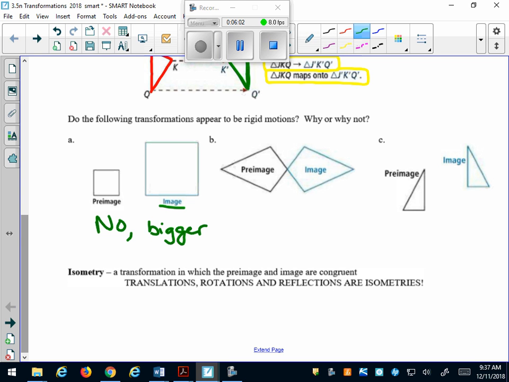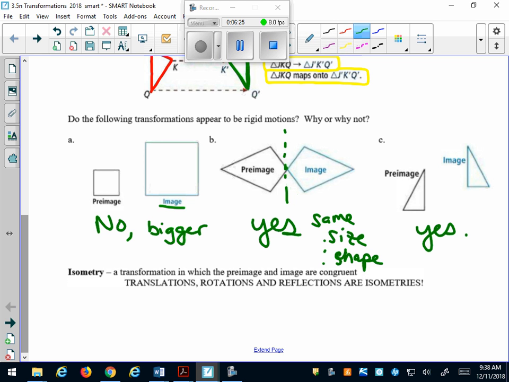Yes, it's rigid. Say if we folded this over right along this line, they would match up with each other perfectly, so they're the same size and shape. All right, what about C? Yes. Same reason. Okay, so another word for a rigid transformation is an isometry.